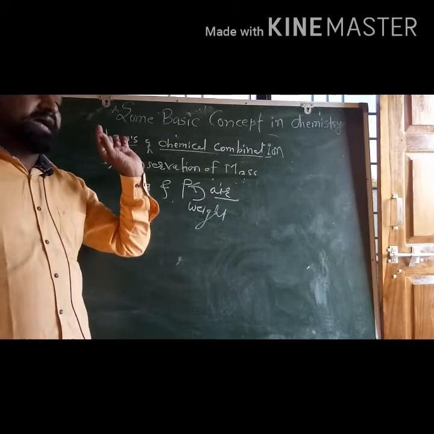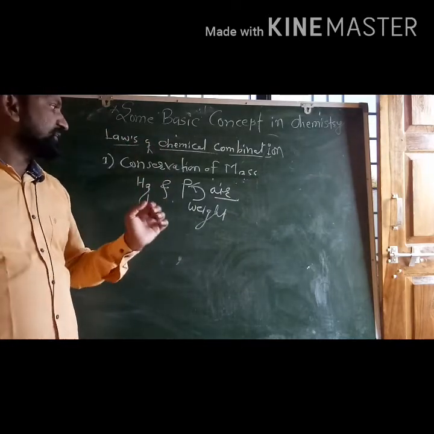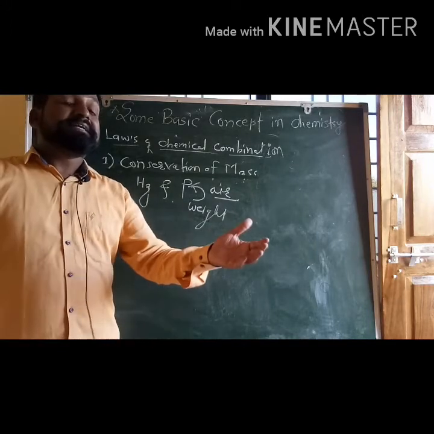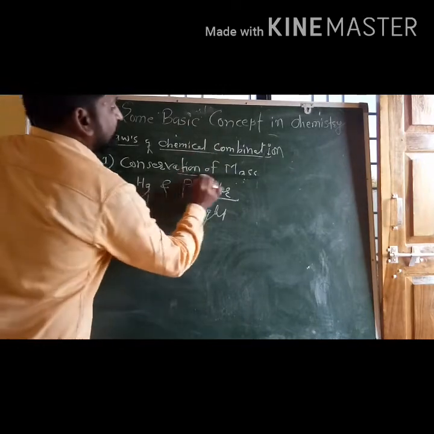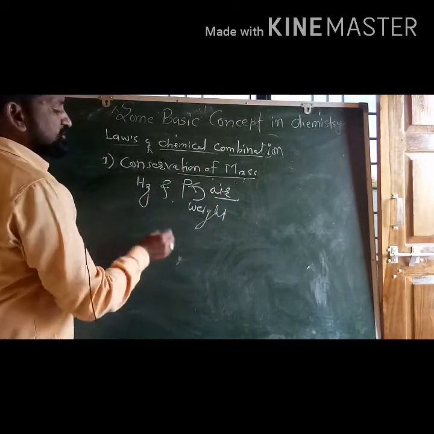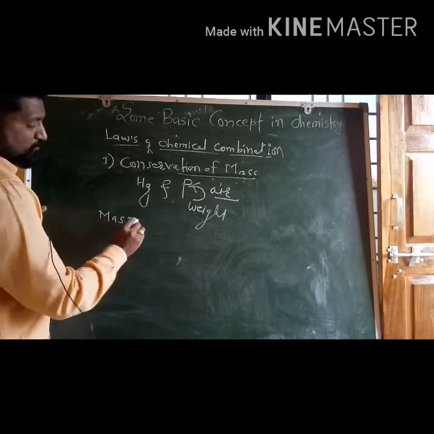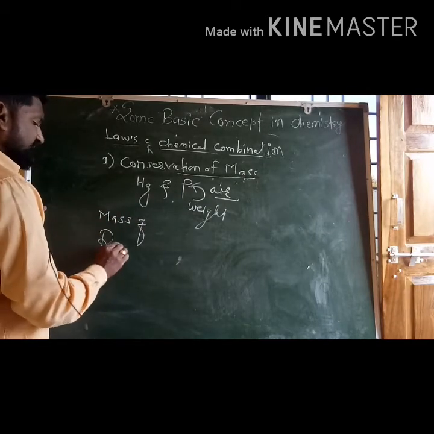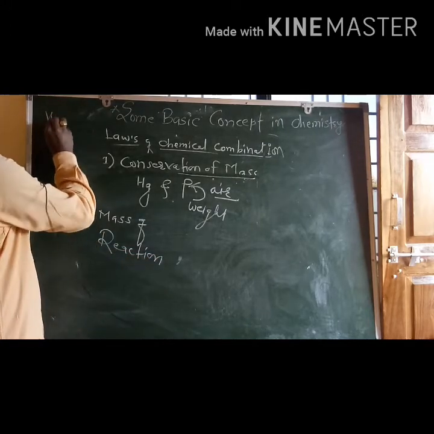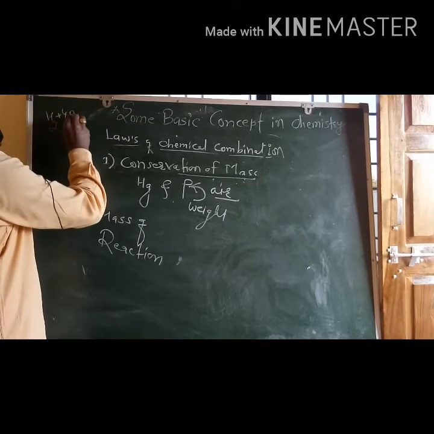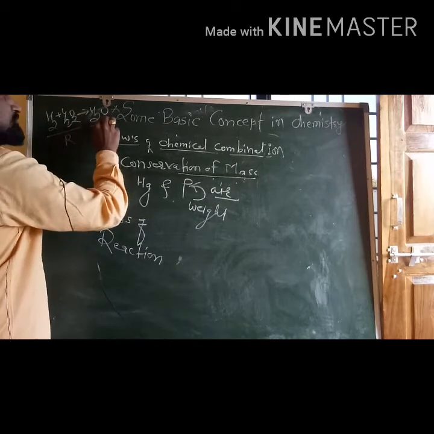By this observation, he came to the conclusion that mass can neither be created nor be destroyed. How? In a reaction there are two parts. For example, H2 plus half O2 giving H2O. This is the reactant part, and this is the product part.